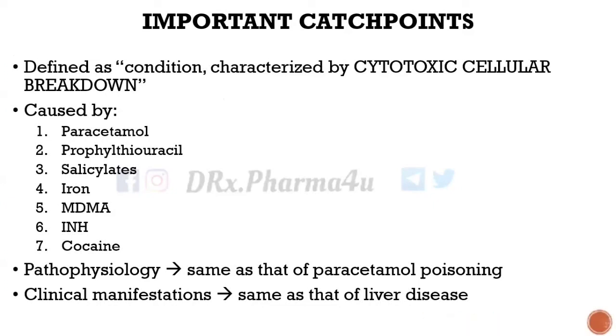It is caused by paracetamol, propylthiouracil, which is actually a medicine used in hyperthyroidism, salicylates, iron, MDMA, which is actually an amphetamine derivative, isoniazid, and cocaine. The pathophysiology is the same as that of paracetamol poisoning. I'll come to paracetamol poisoning in a future video, then we will connect to that. The clinical manifestations are the same as those of liver disease.